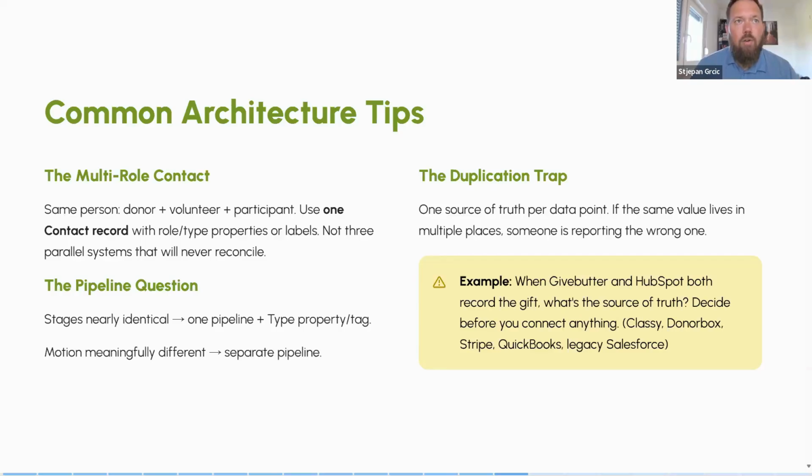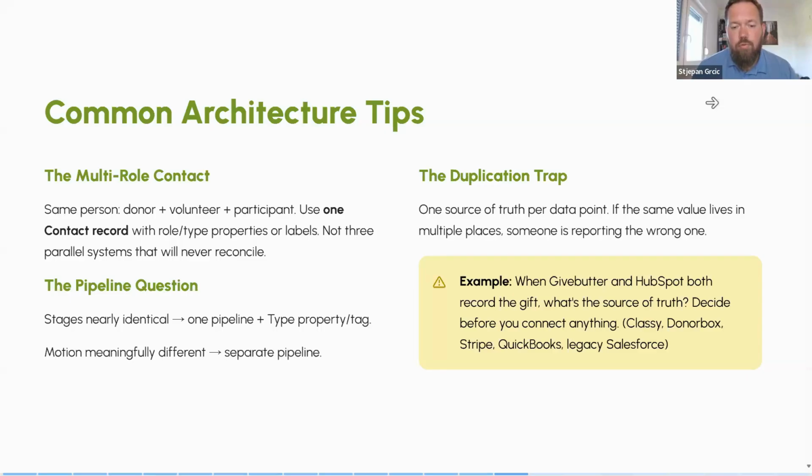And then there's the duplication trap, because we all have duplicate records and we don't trust the data. That is the big one. There's one source of truth per data point. If the same value lives in two places, someone somewhere is eventually going to report the wrong one, especially if you don't have naming conventions. Here's the scenario: say GiveButter and HubSpot both record a gift.